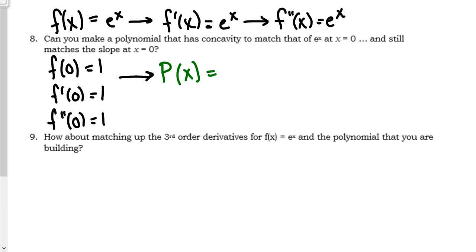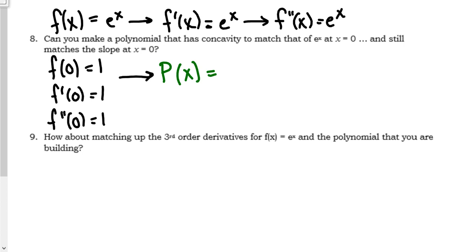So what I've noted is that all of the derivatives of e to the x are themselves e to the x. In fact, that's why we're using this as an example. F of 0 is 1, therefore f prime of 0 is 1. F double prime at 0 is going to be 1. F whatever prime of 0 would have to be 1.